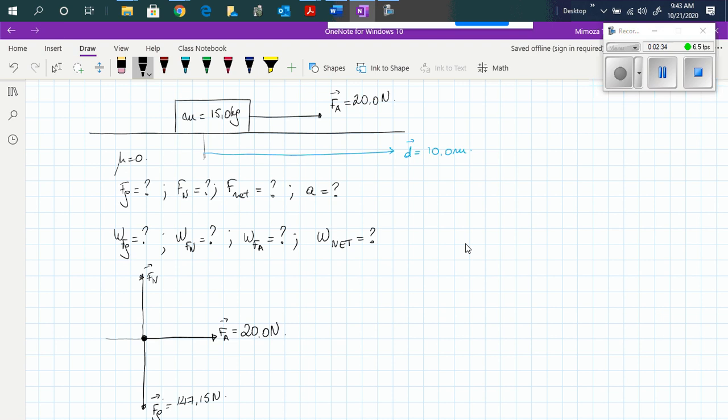And let's figure out what is force normal. Now, as I mentioned yesterday, do not assume that force normal is always equal to force of gravity.